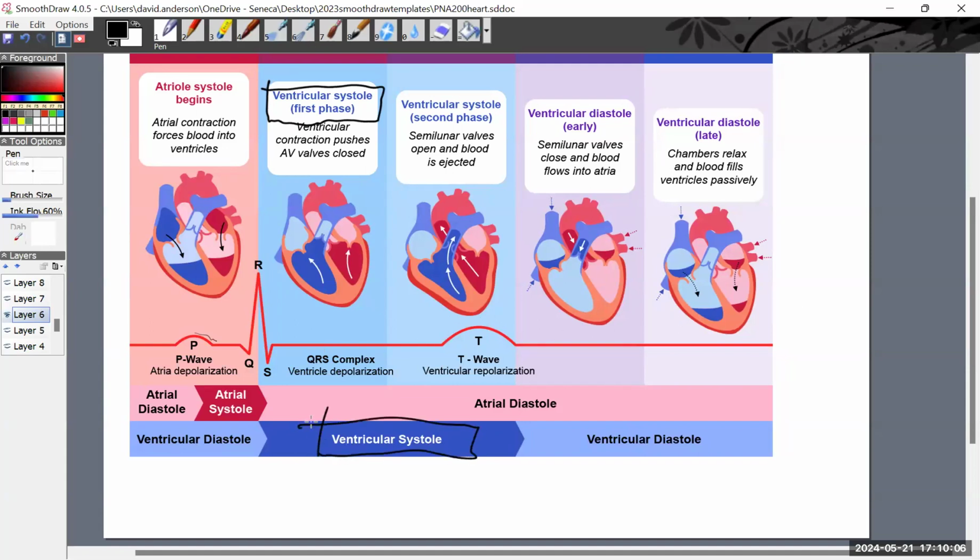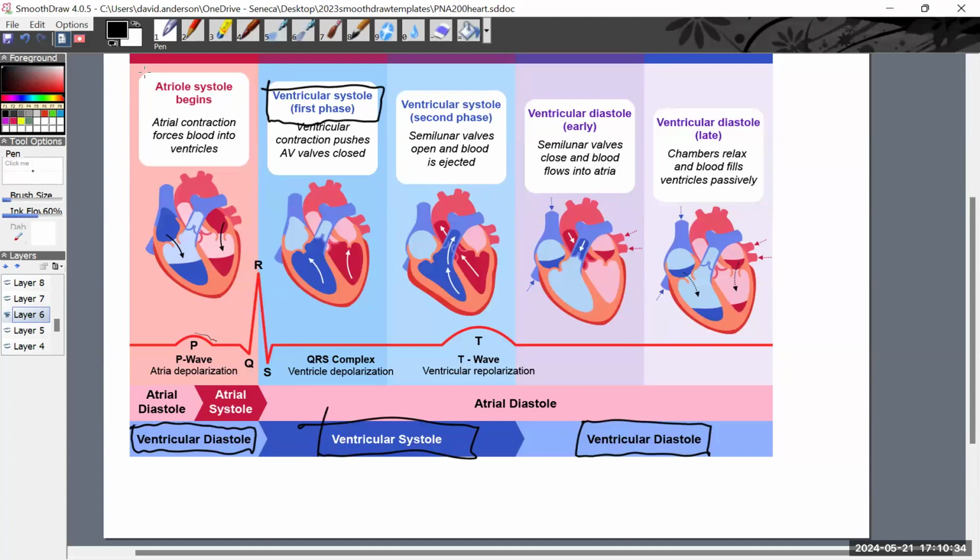Ventricular systole, ventricular diastole, and this is a continuation of ventricular diastole. But at the end of ventricular diastole, we get an atrial contraction that initiates that extra spurt of blood that's going to be delivered to the ventricle chamber, I should say.